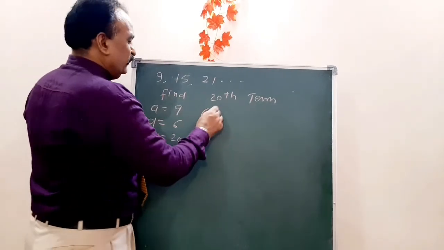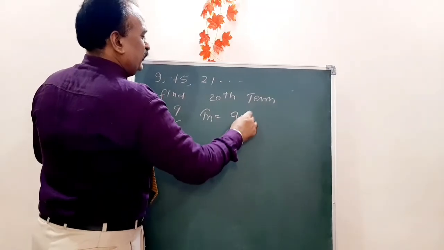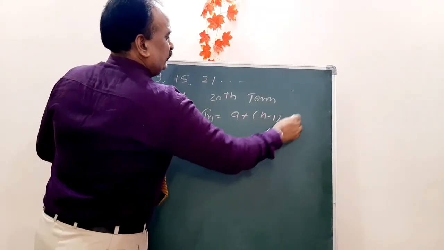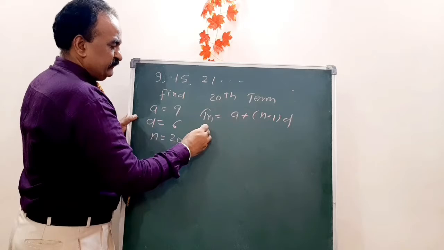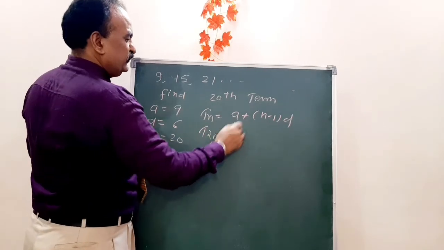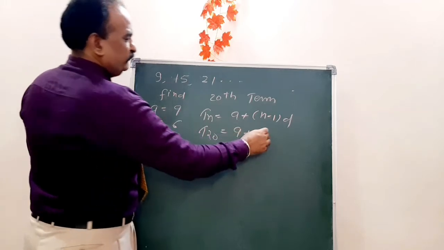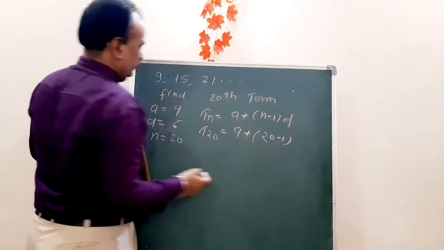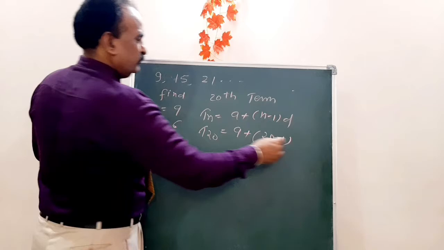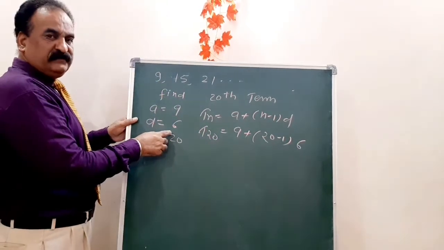Tn is equal to a plus n minus 1 into d. So T20 is equal to a, the first term, 9, plus n minus 1, which is 20 minus 1, into the common difference 6.